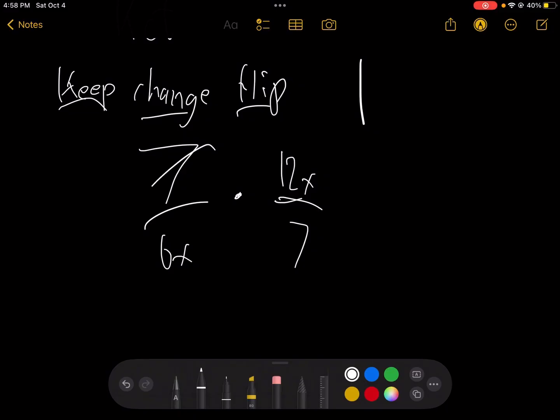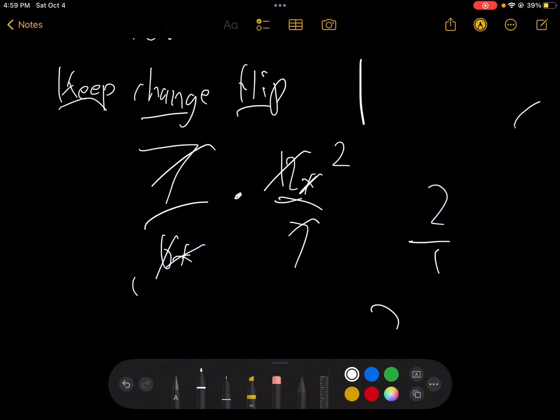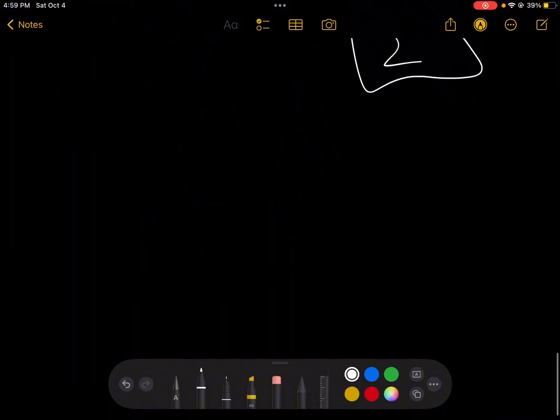We cancel these two because they have the same value, then you cancel the x because they're the same, and then you cancel 6 and 12. The remaining would be 2. This would just be 1. So the final answer would become 2 over 1, or 2. Simple. Okay, now let's go to the next one.